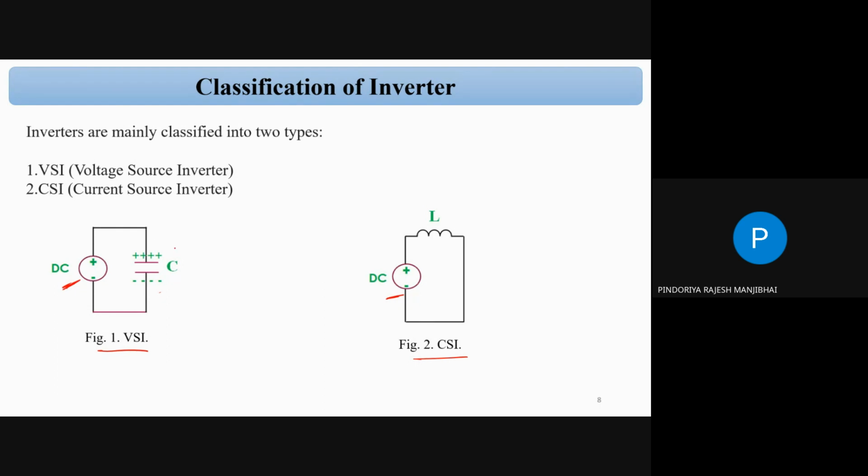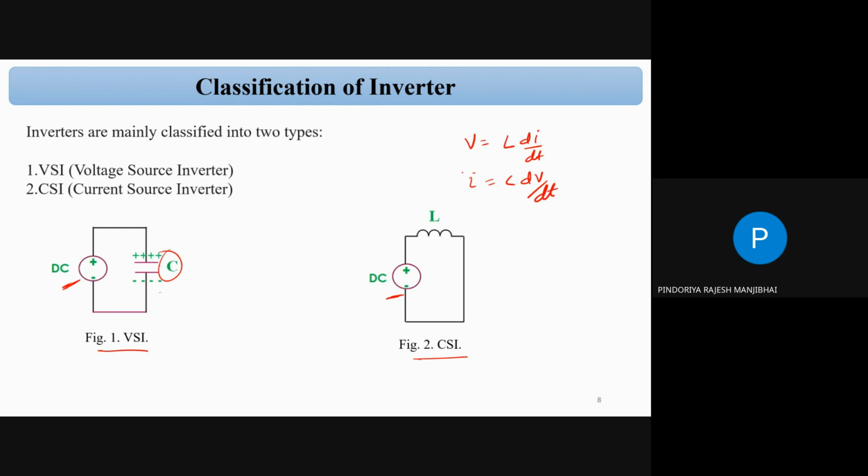Why we have to connect the capacitor in parallel in the case of the voltage source inverter, and why we have to connect the inductor in the case of the current source inverter. Because I hope you remember this formula, V equal to L di by dt, correct? And in the case of the capacitor, I equal to C dV by dt.